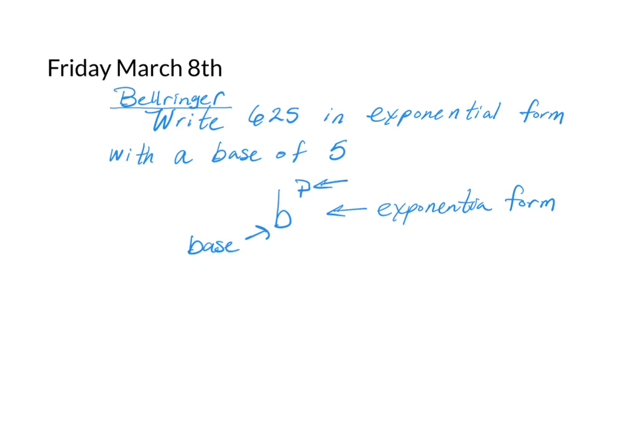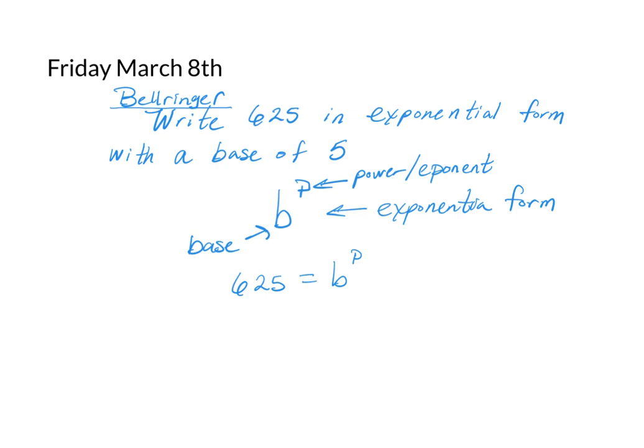P is the power or exponent. So we want to rewrite the number 625 so that it looks like this.